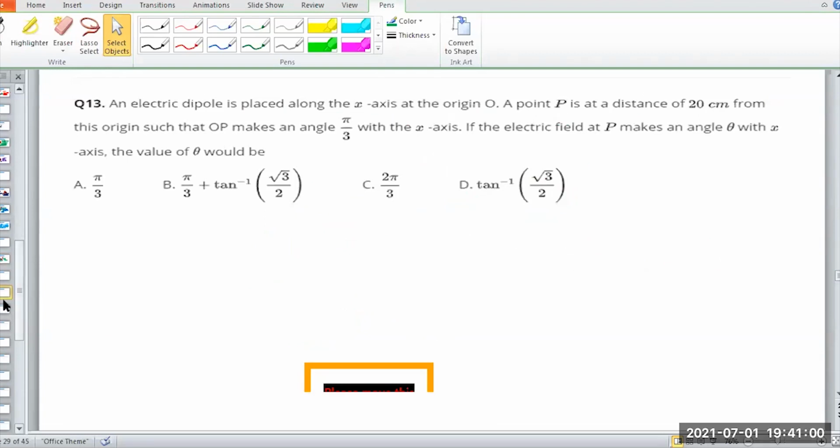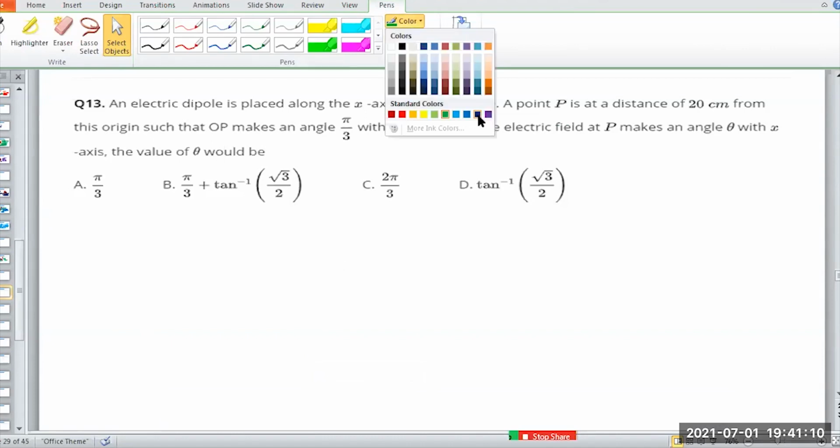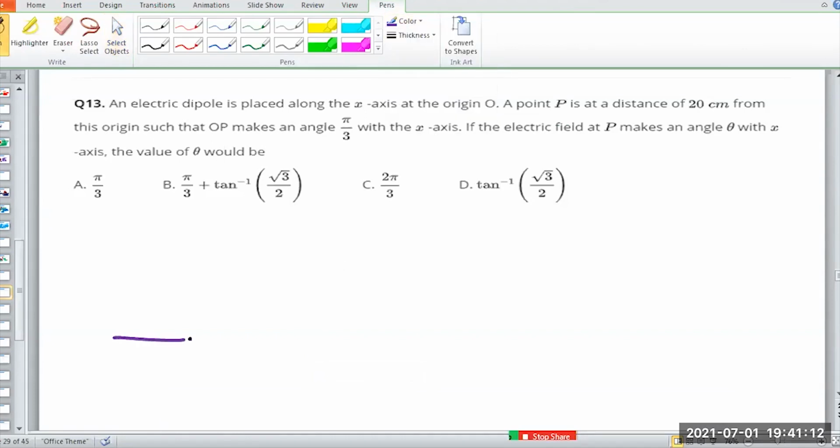The next question is saying an electric dipole is placed along the x-axis at the origin, and a point P. So I am given an electric dipole which is placed at the origin, and I am given a point P which is at 20 centimeter and is making an angle pi by 3, that is 60 degree.